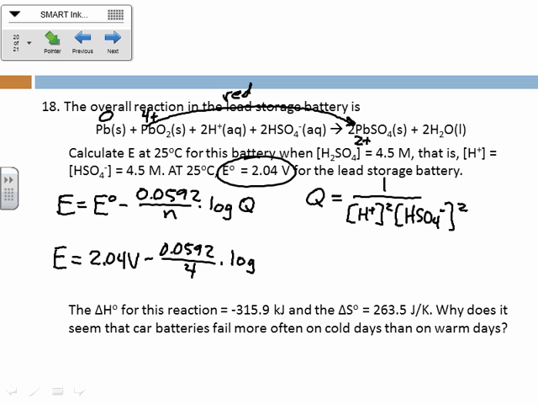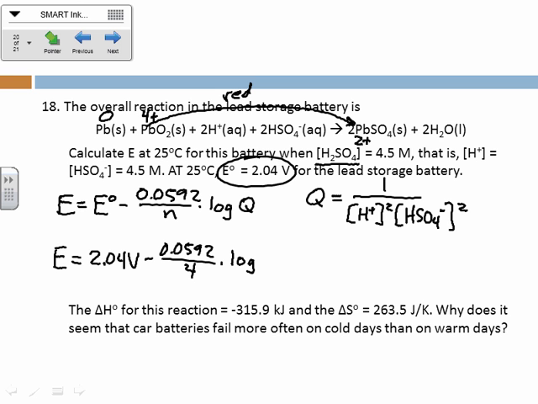Hopefully you understood that, because the H plus is equal to the HSO4 minus, which is equal to 4.5 molar. We're assuming that first hydrogen on the H2SO4 completely dissociates, because H2SO4 is a strong acid, and then we're assuming that the H plus coming from the HSO4 dissociation is negligible at that point.